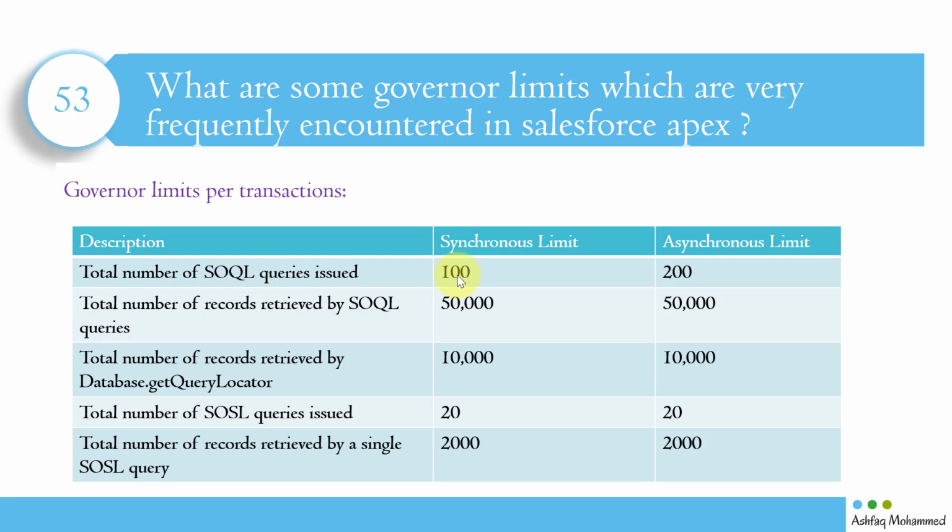Every time it comes back to the class, it counts that SOQL method as one query. That time also you will hit the limit. So you cannot have more than 100 SOQL queries. Normally you get the 101 SOQL error. Your interviewer might ask you what the 101 SOQL error is, so you should be ready to answer that.